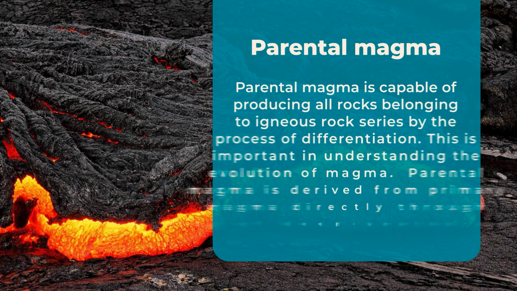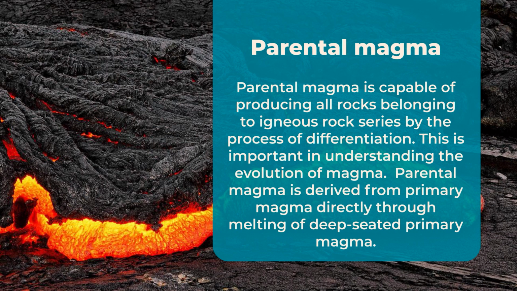Parental magma is capable of producing all types of rocks belonging to an igneous rock series by the process of differentiation. So it is important in understanding the evolution of magma. Parental magma is derived from primary magma directly through melting of deep-seated primary magma.